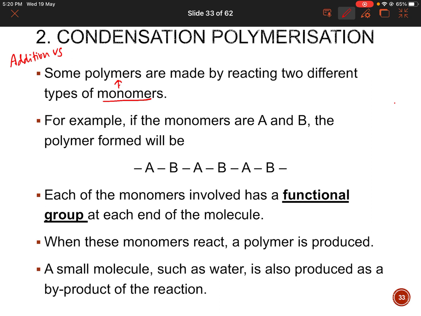They are able to bond in this way because at the ends of each of the monomers, they have a functional group that reacts and forms the bonds. When they react and form the bonds, they get a long chain of polymer. But in the case of condensation polymerization, a small molecule is a byproduct.